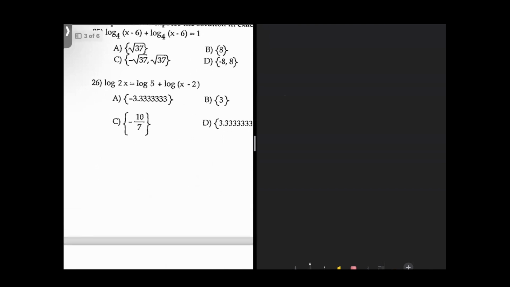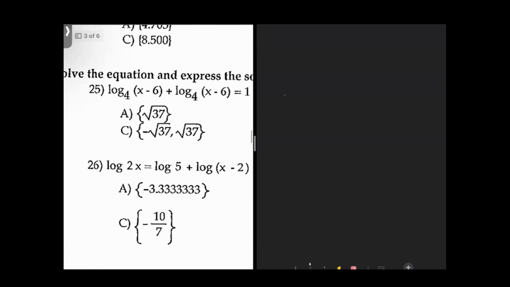So number 25, they want us to find x in this logarithmic equation. So how can we do this? We might need our properties of logarithms. Do you remember them? How can you apply it here?